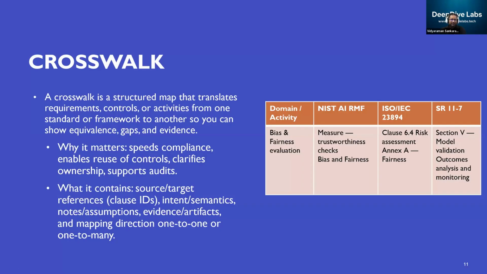So what is the relevance of a crosswalk and why is it important here? Let us assume that you are starting off with one particular framework, let us say the NIST AI RMF, and you have gone through all the pivots and you have satisfied in some measure all of the requirements that are specified there.